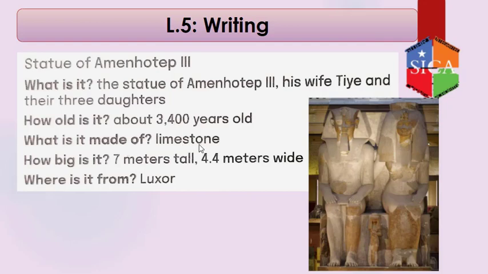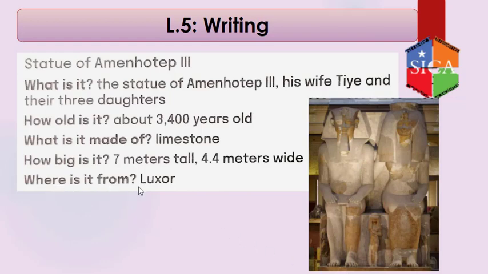They used limestone. How big is it? 7 meters tall. So all these statues are 7 meters tall. 4.4 meters wide. So the width here is 4.4 meters and the height is 7 meters.